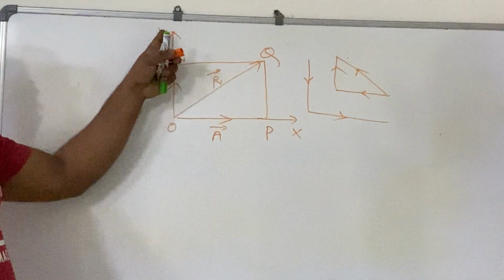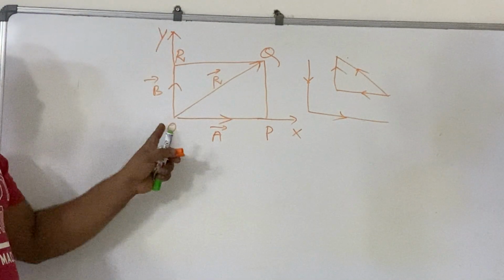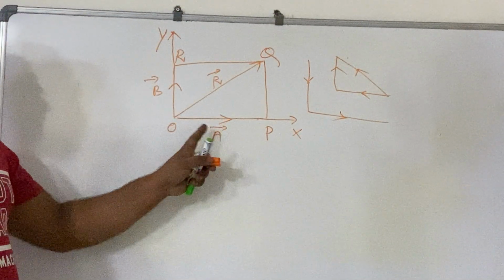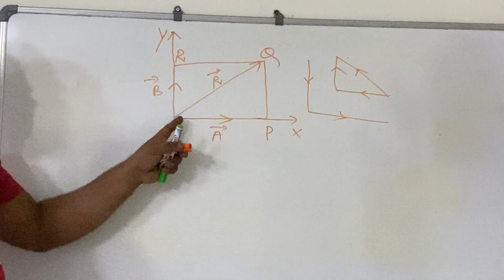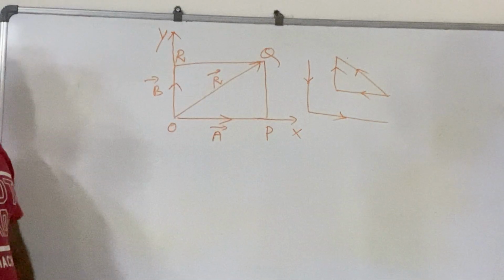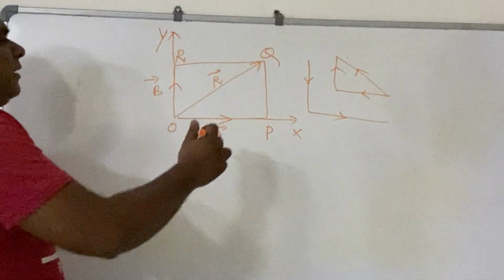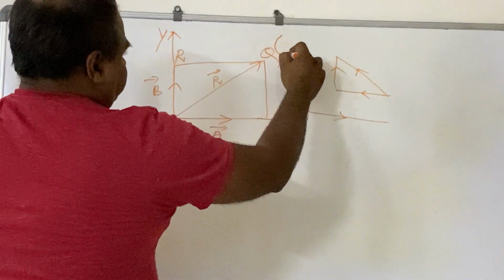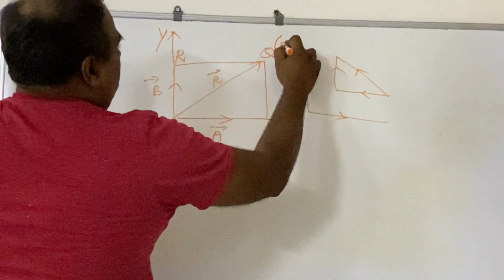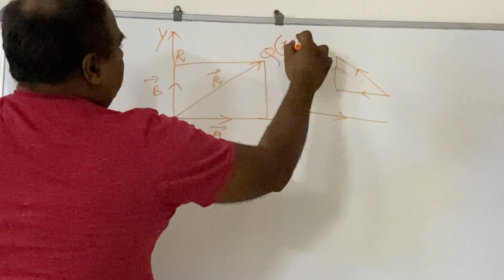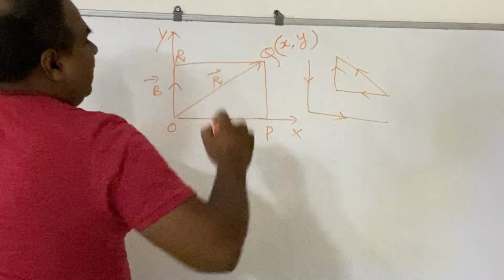X-axis, y-axis, this is origin, vector A is OP, vector B is OR, the sum is OQ. The coordinate of Q, I am taking it as x comma y. The coordinate of Q is x comma y.